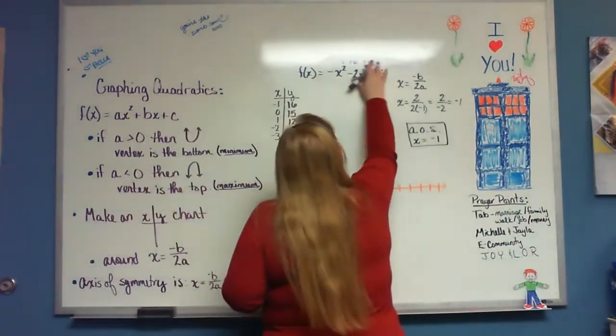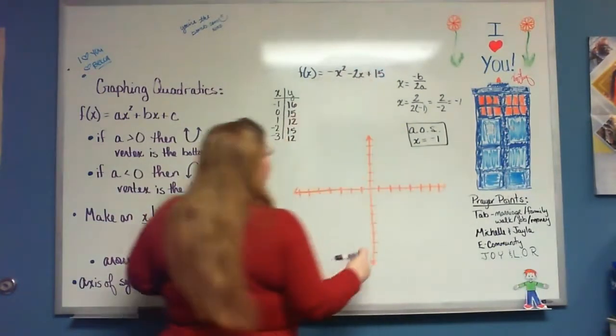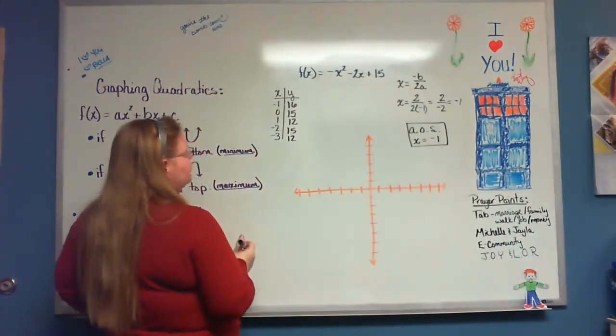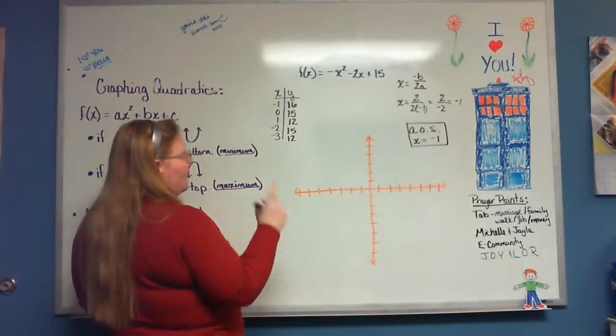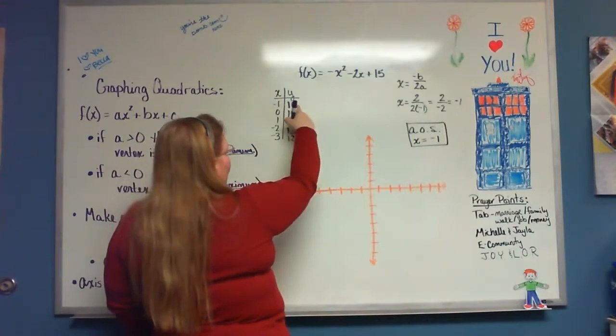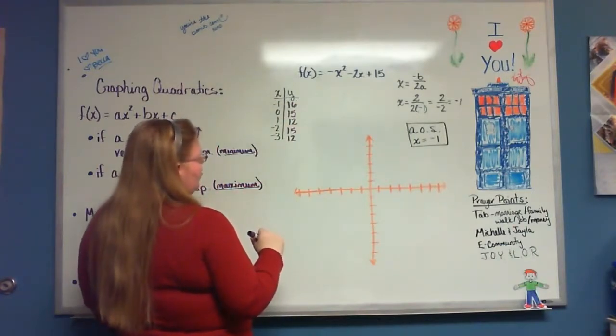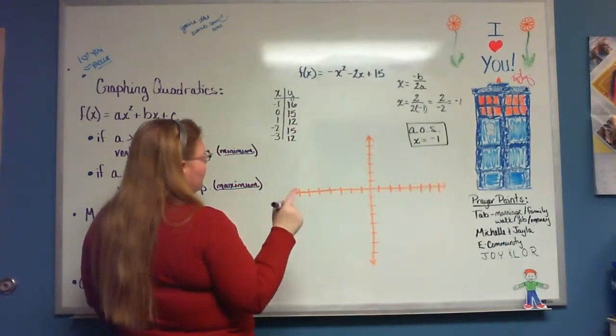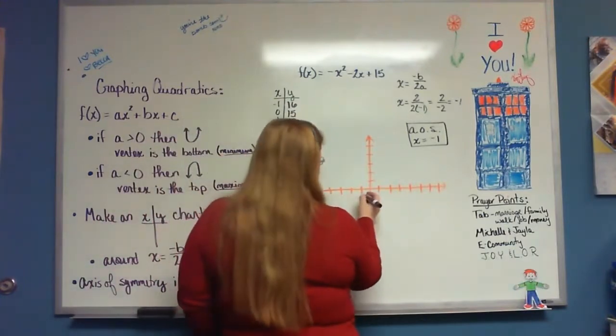Okay. Enough scribbles. I can go ahead and start my graphing now. So -1, +16. I think I'd better number these by 2s.